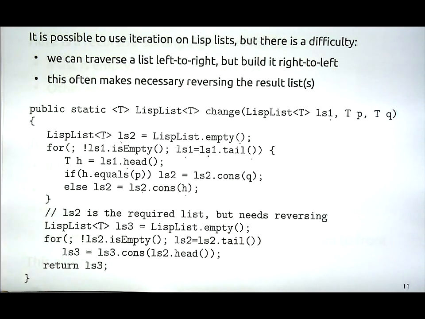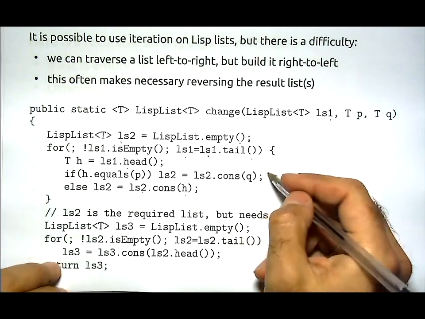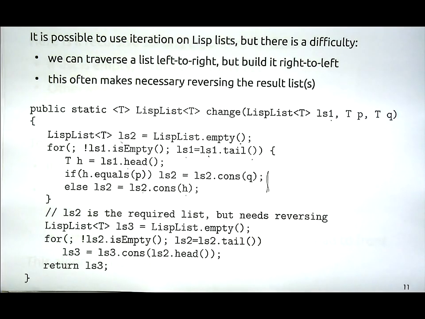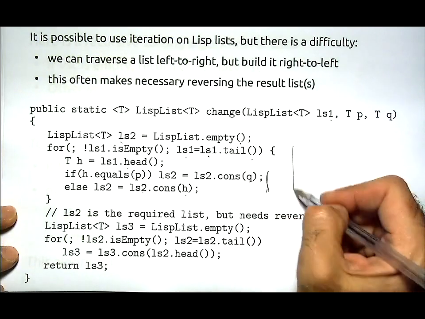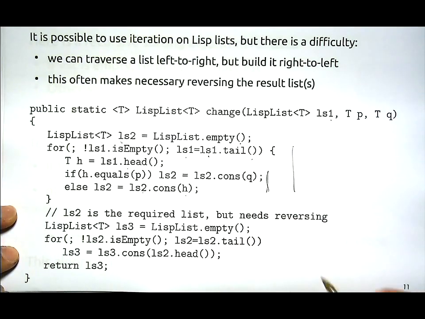So you basically traverse the list, and then you create a new list as you traverse with these changes applied. So this applies just the changes. But as we said, because you traverse the list from left to right, and you construct from right to left, you will get the list that you want, but reversed. So this will work, but it will create the list reversed, so then you have to reverse the list.